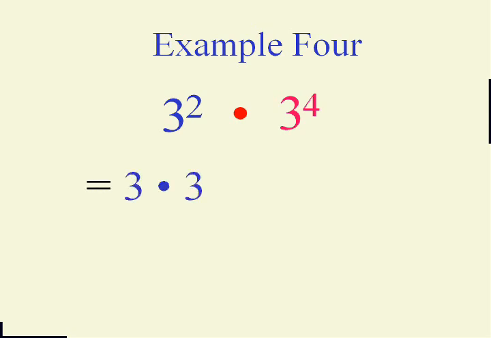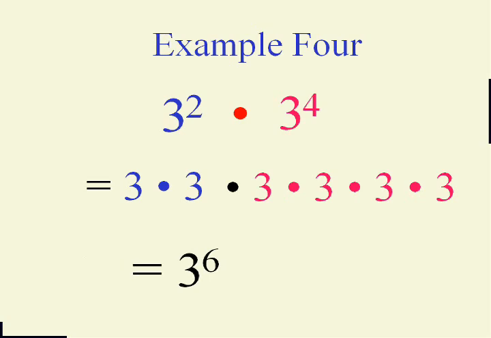How about multiplying 3 to the 2 power times 3 to the 4 power? I want to show you something that's going to happen here. 3 to the 2nd, if you would, just means 3 times 3. There's 2 of them. And 3 to the 4th means 4 of them, doesn't it? Is that your final answer?